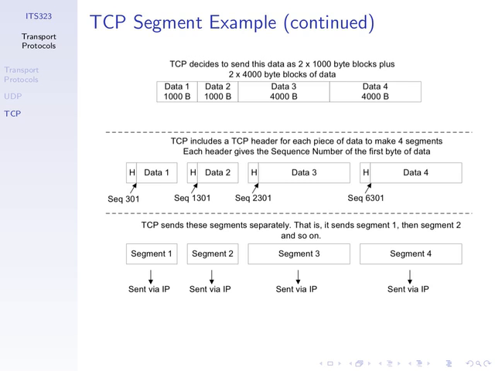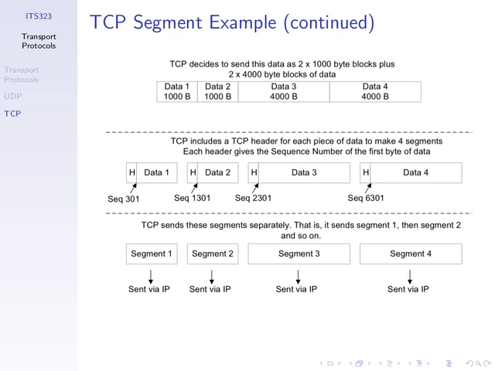One of the fields is the sequence number. The sequence number in the header is set to the sequence number of the first byte of data contained in that segment. So in the first segment, the header would have a sequence number and the value would be 301. In the second segment, the value would be 1,301, then 2,301 and 6,301.